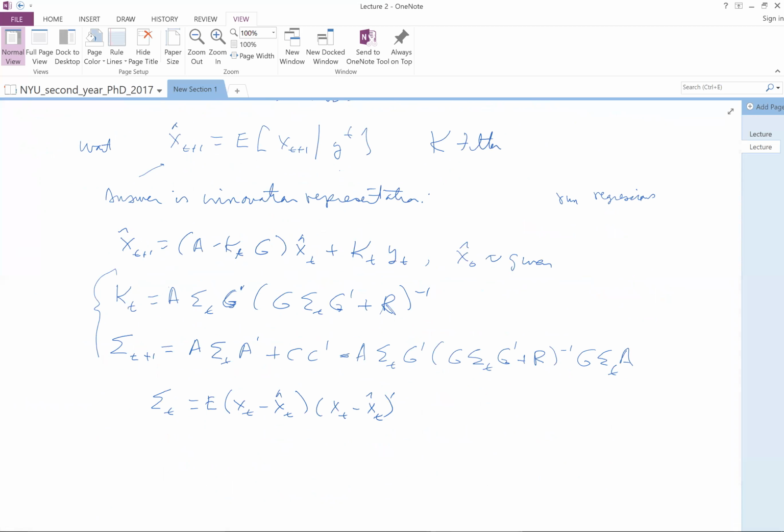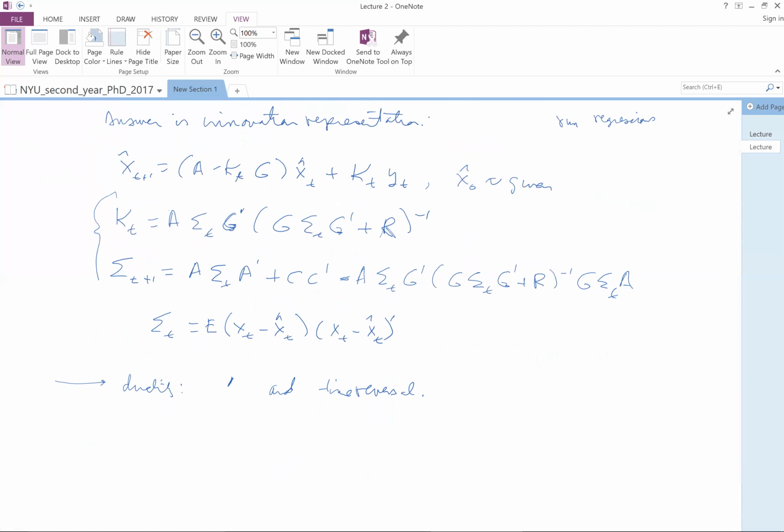So the equations aren't the same, but they're closely related, and they're connected by something called duality. And this is duality exactly the same that you learn in your math classes, in the Lagrange multiplier theorem. They're linked by transposition and time reversal. This is a great insight due to Kalman and other people.